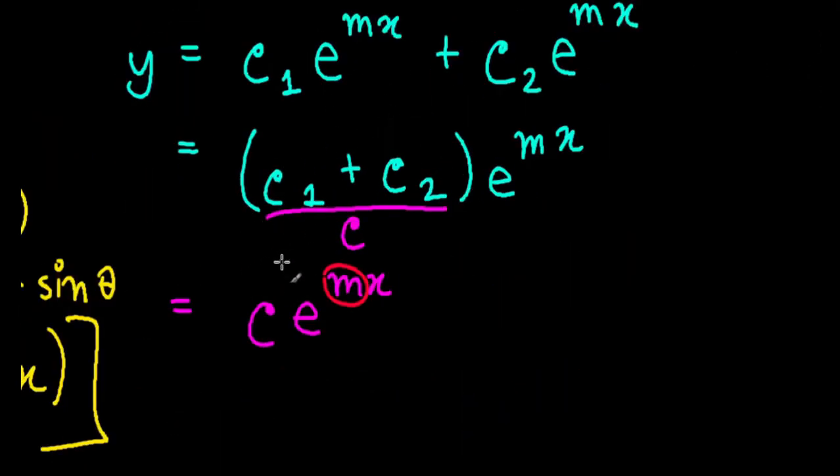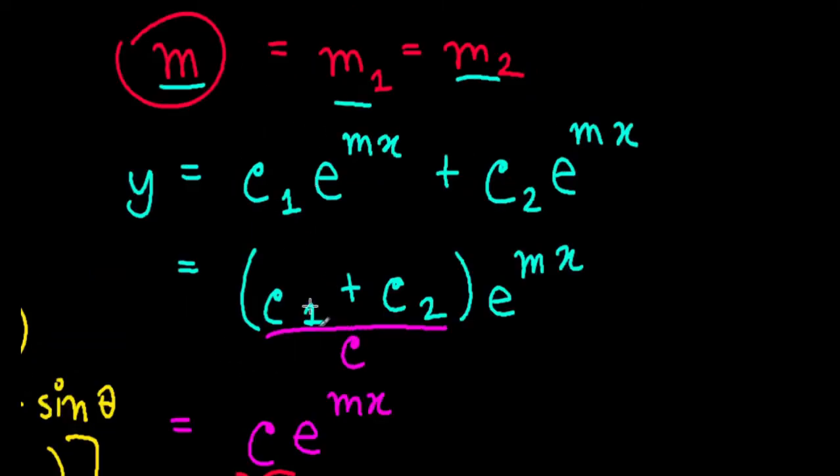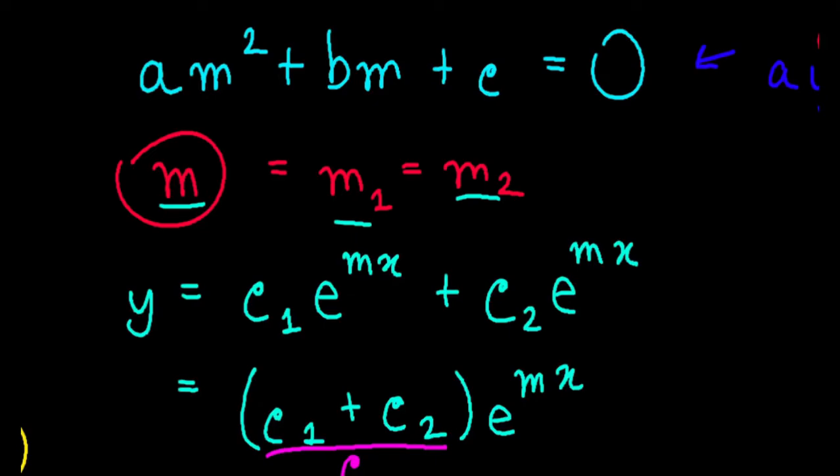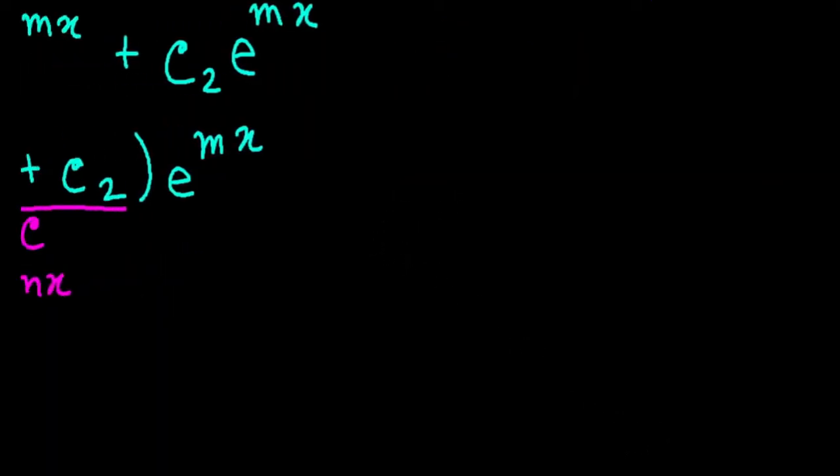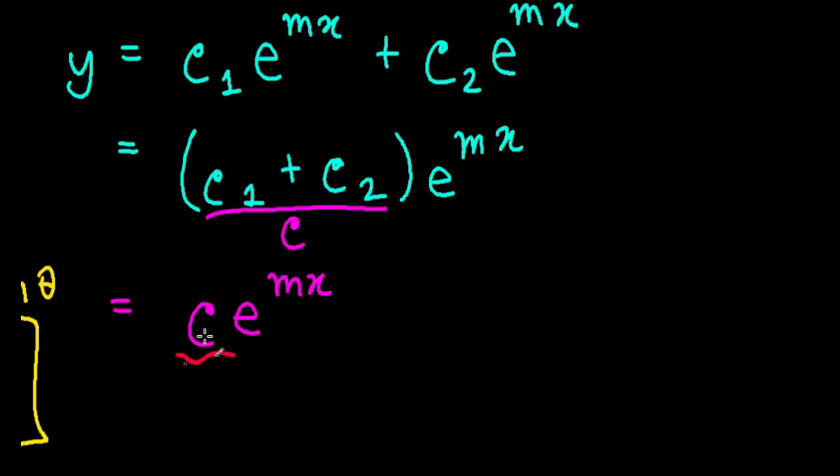You actually have only one unknown here, that's c, where you are supposed to have two. This being a second order differential equation mandates two arbitrary constants in your general solution. So having one arbitrary constant right here is actually a problem.